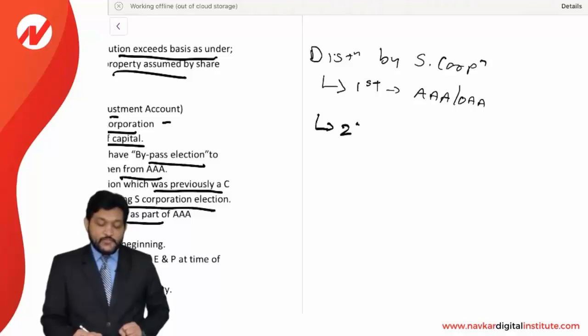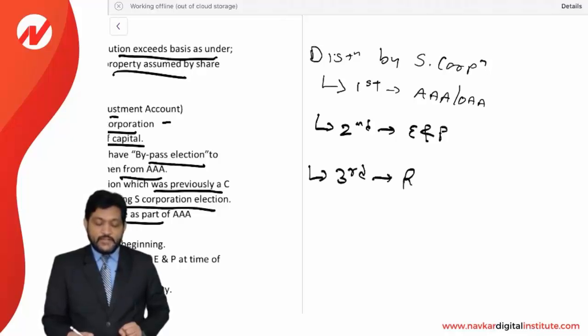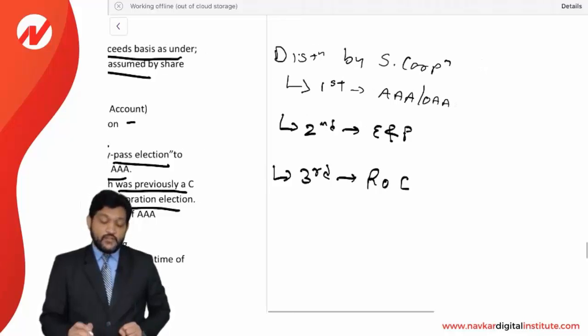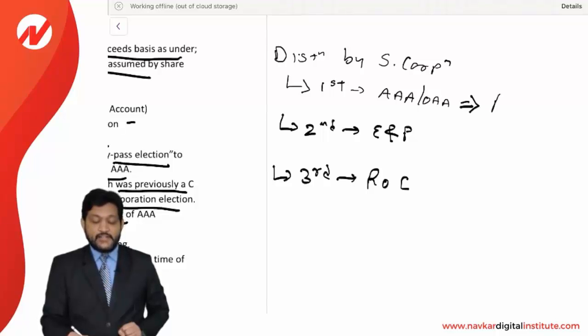Second distribution will be assumed from earning and profit of an S corporation, and third distribution will be assumed to be return of capital. This is the sequence to be followed. Okay, whatever distribution is from AAA or OAA, it is considered as a return of capital only.